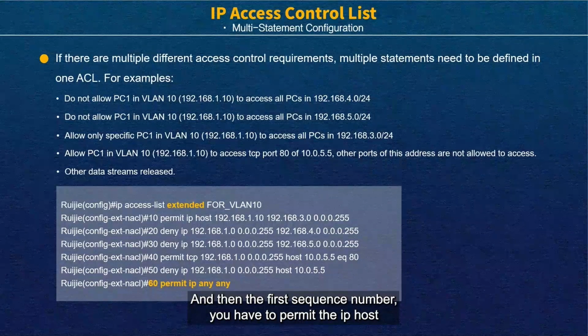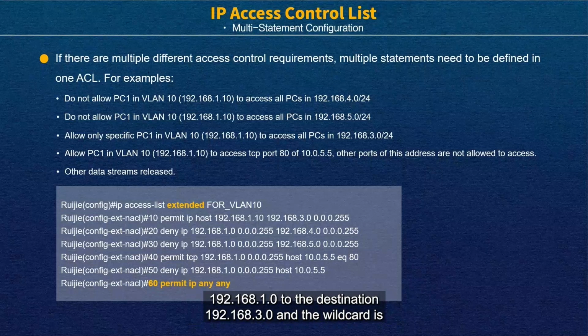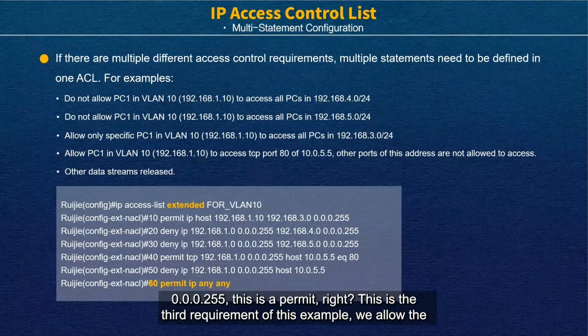And then the first sequence number, you have to permit the IP host 192.168.1.0 to the destination 192.168.3.0, and the wildcard is 0.0.0.255. This is a permit, right?